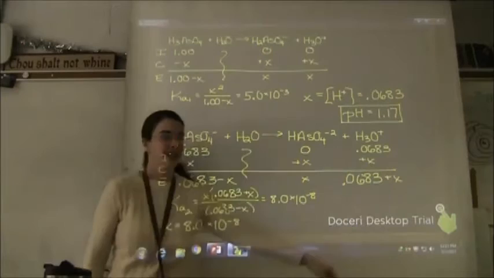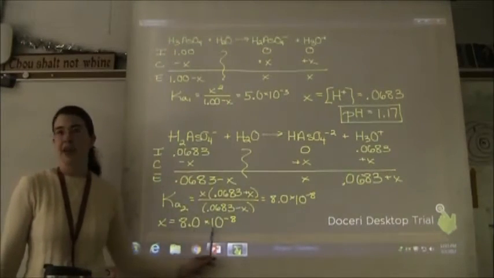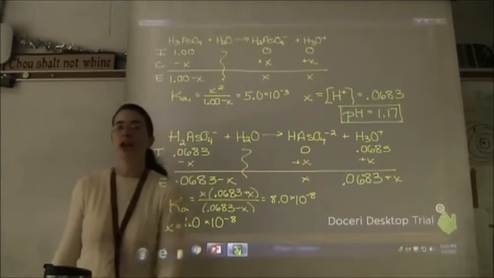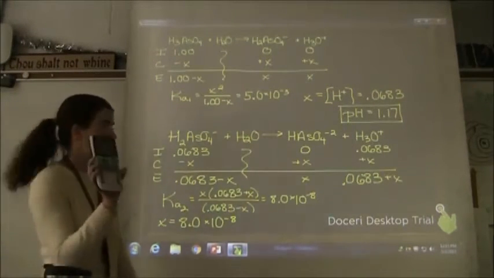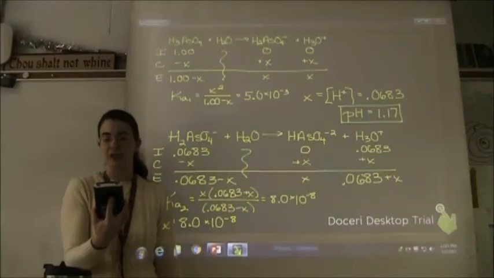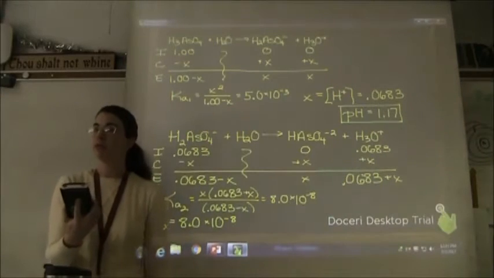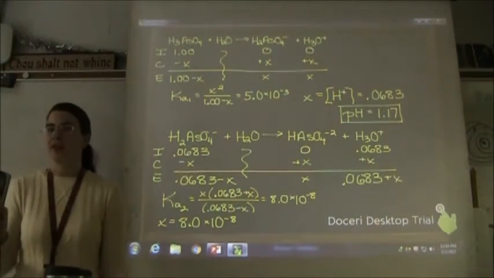0.0683 plus 8 times 10 to the negative 8th, because that's what X is. Put that in your calculators and hit enter. Okay, so 0.06830008, right? That is the molarity of H plus.